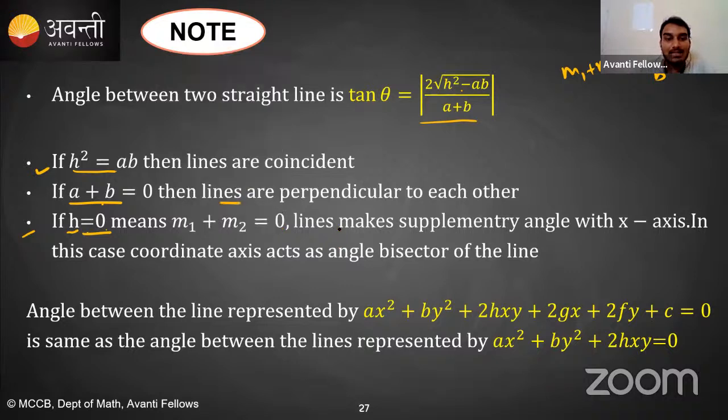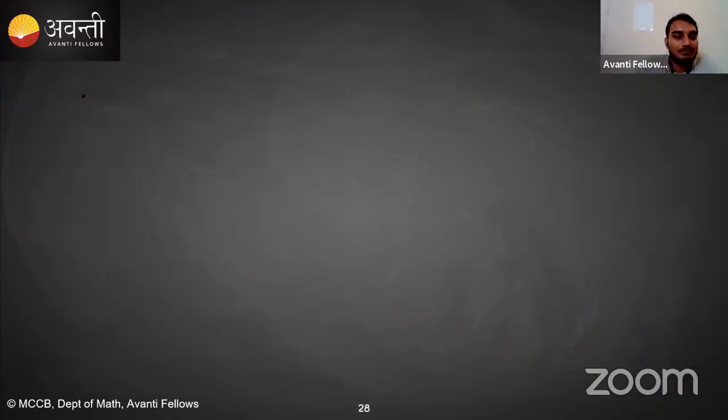And we already know, if the sum of the slopes of two lines is 0, it means the lines are making supplementary angles with the x-axis. It means if one line is making 30 degrees, then the other line will make 150 degrees, right? So in this case, a very important point is that your coordinate axes will act as angle bisectors of the lines. Okay, let's see why.